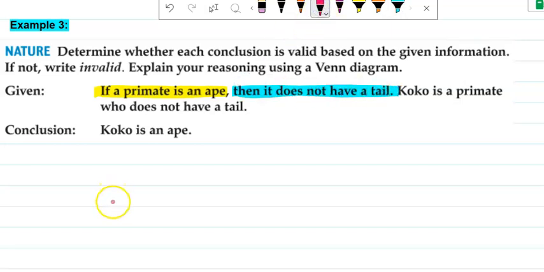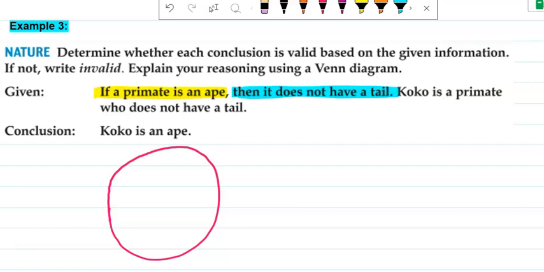Okay, so we have primates, right? So if we're going to draw a Venn diagram, we're going to want to make sure that Coco fits in our Venn diagram here. So we're basically comparing things that are apes and things that have tails, right?